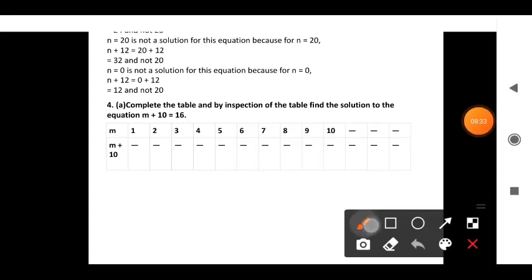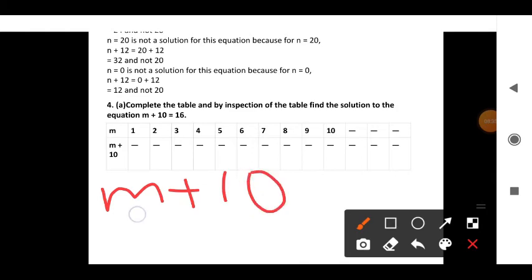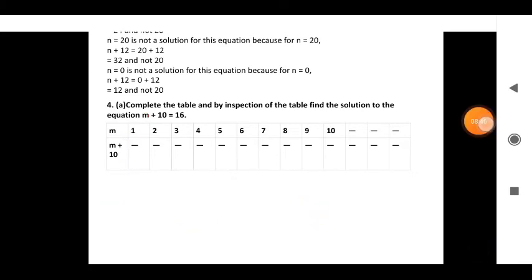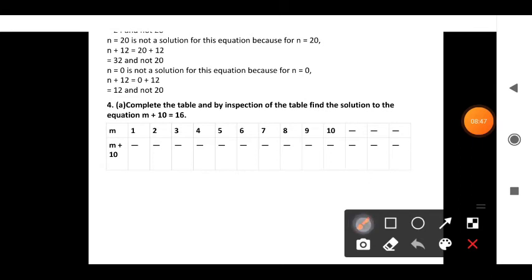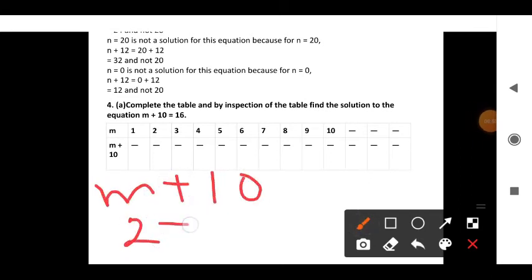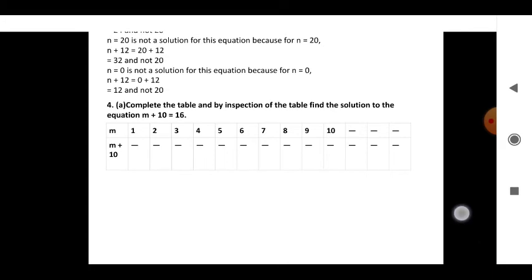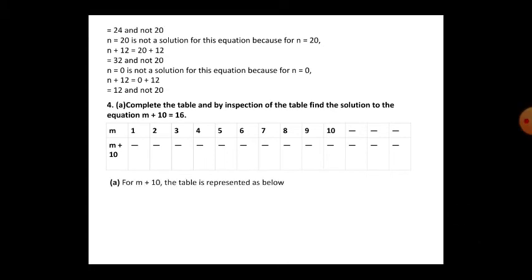For example, the equation is m plus 10. If you substitute m as 1, 1 plus 10 is 11, so here 11 is the answer. Like that, you substitute m as 2. So 2 plus 10 is 12, so here it is 12. Like that, go on substituting.